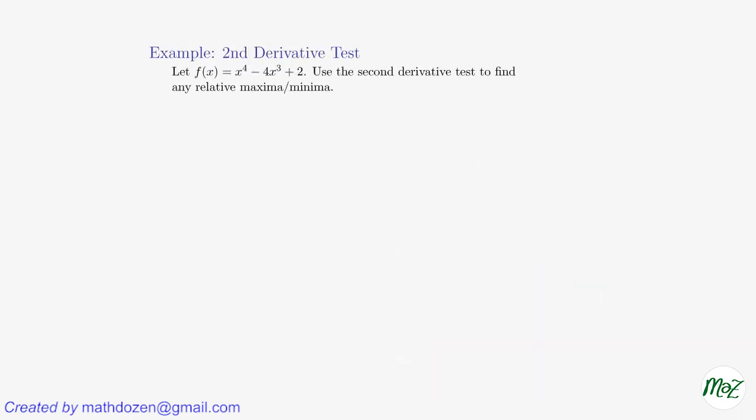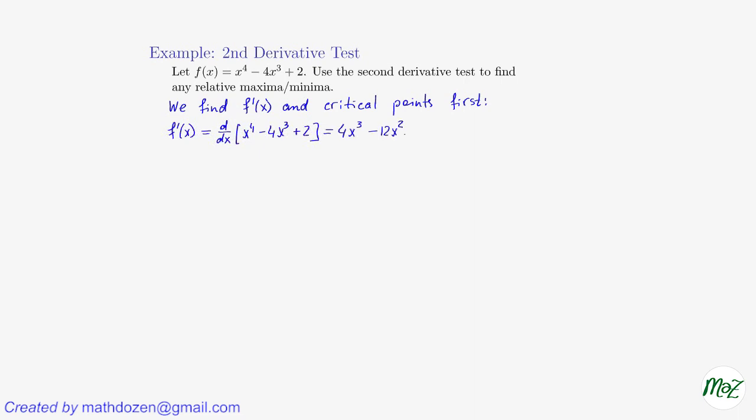Let's work on an example where we use the second derivative test. So we look at this function, x to the fourth minus 4x cubed plus 2, and we'd like to know if it has any relative maxima and minima, and we're going to use exactly the second derivative test to determine this if possible. So first of all, we find the first derivative and any critical points. The first derivative will be 4x cubed minus 12x squared.